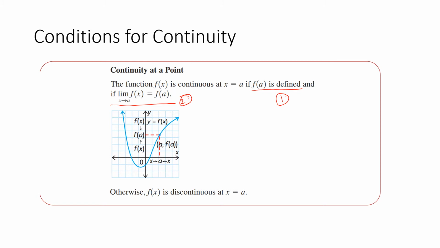If you put it into limits as x approaches 1, it wouldn't give you a number that is close to f(1), therefore it wouldn't equal f(a). So those are the two main conditions we need to consider. Otherwise, if these conditions are not satisfied, it is discontinuous at x equals a.